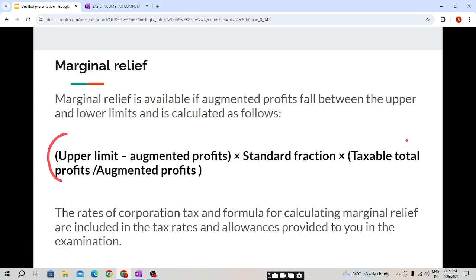So students, this will be provided in your examination. The rates of corporation tax and the formula for calculating marginal relief will be included in your tax rates and allowances sheet. I hope this is clear, students. Please do learn the formula for marginal relief.